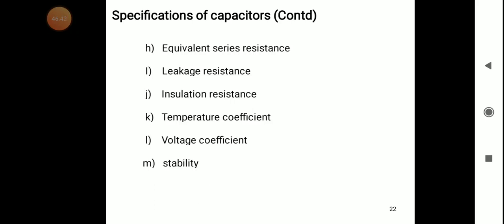At last, we discussed the specifications of the capacitor. Whenever we are using a capacitor, we must know these specifications. Then only can we use the capacitor in the right application in the right way.